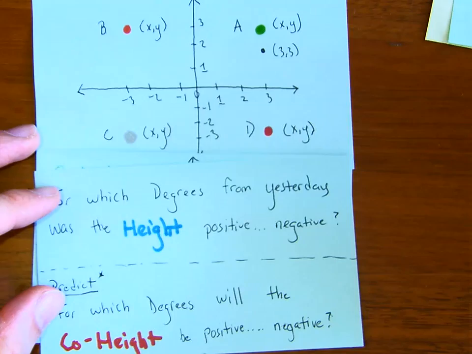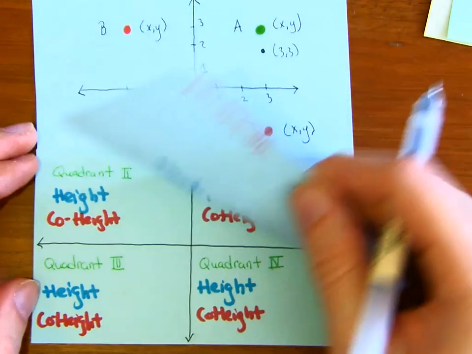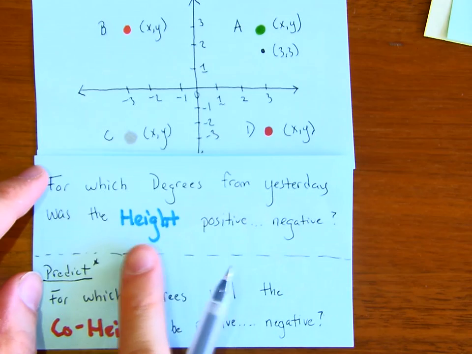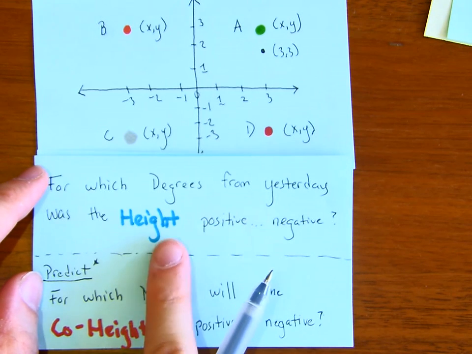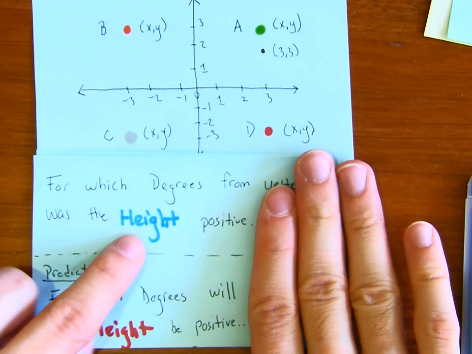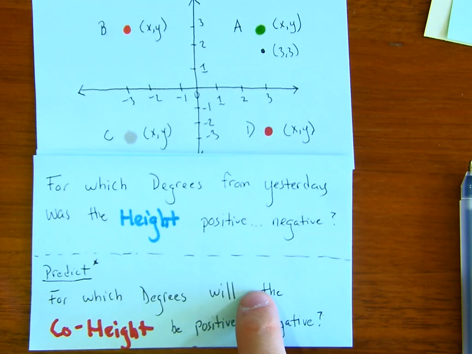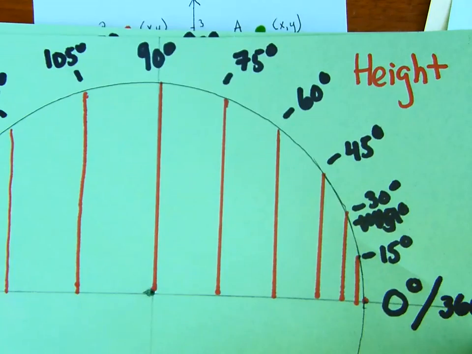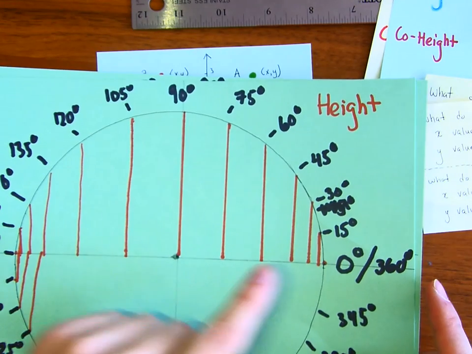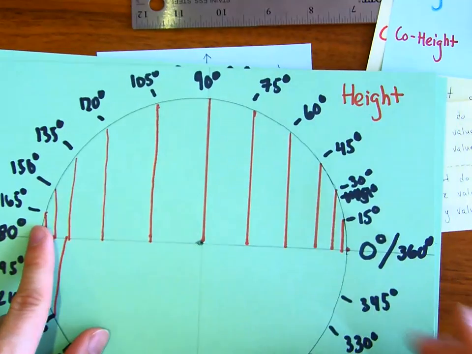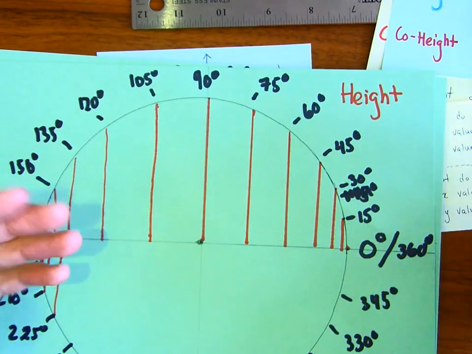So now, over here, from yesterday, what did you notice? Which degrees was the height positive? And for what degrees was the height negative? This is from yesterday. So we noticed that the height was positive from 0 to 180, and the question is, why?